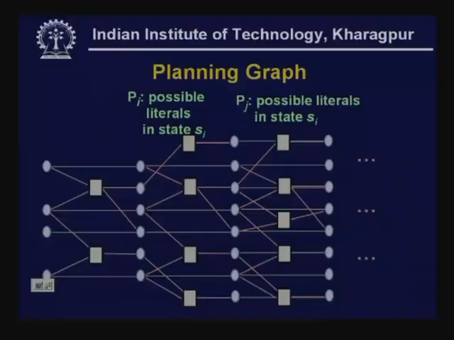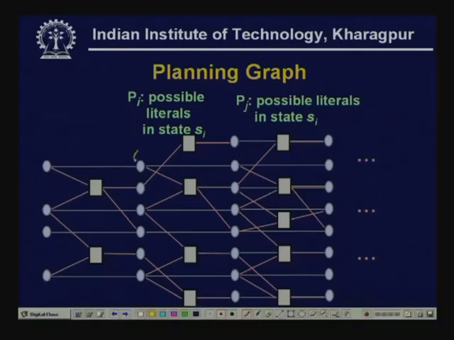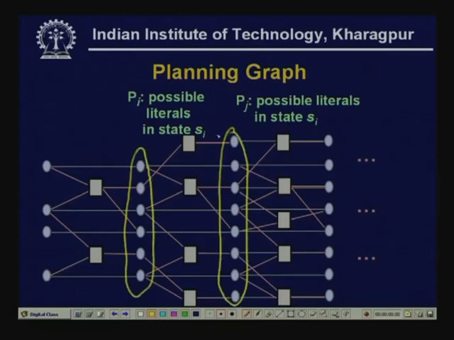And as we have seen earlier, this is an example of the planning graph. These pink edges denote the precondition edges and the add and delete edges. The gray edges denote the maintenance edges, or the edges corresponding to no-op actions. And Pi is the possible literals in state i, Pj is the possible literals in state j.